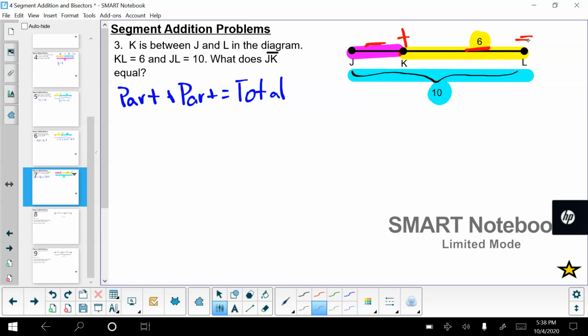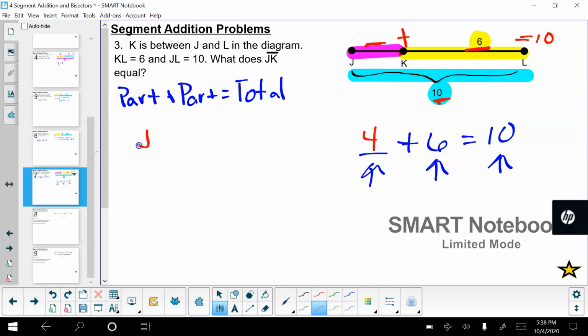And that would give you the total, which they're already showing us is 10. So what do I add to 6 to give me 10? Well, 4 plus 6 equals 10. So now I know that JK is equal to 4.